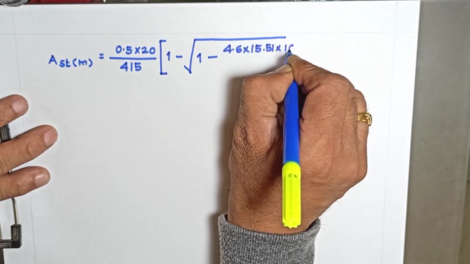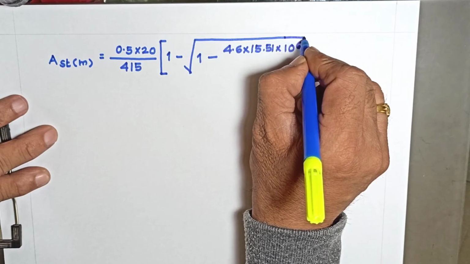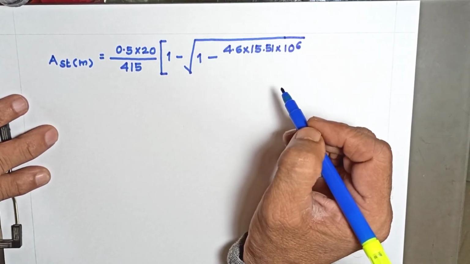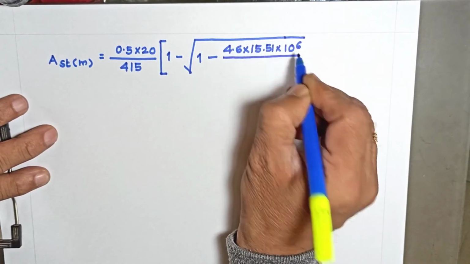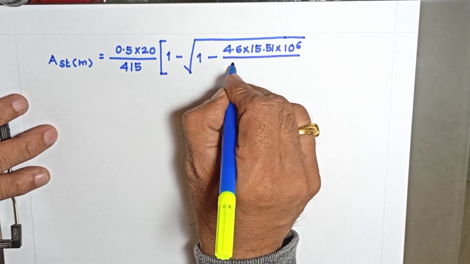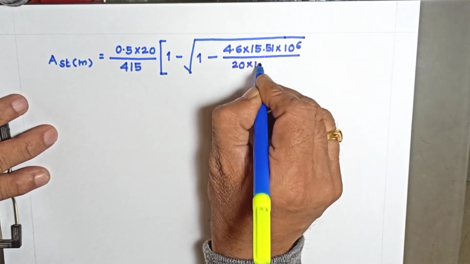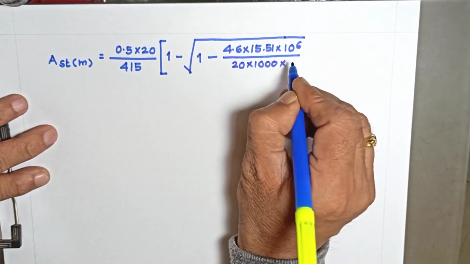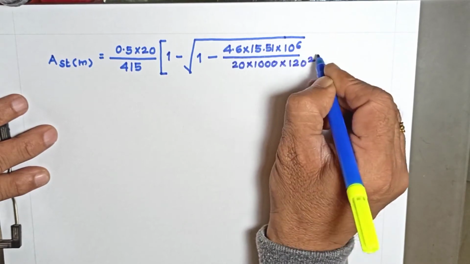This is very important because we have to substitute all the values in Newton mm. So if you forget to multiply by 10 raised to 6, the answer will be wrong. Divided by fck, that is 20. B is 1 meter, that is 1000 mm. And D square, D is 120, square of that.